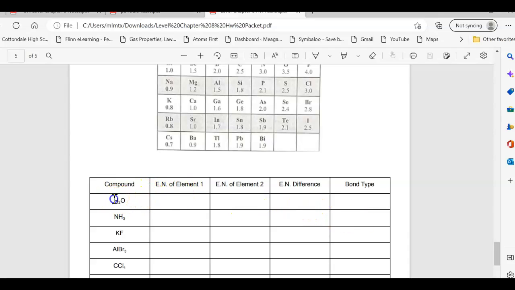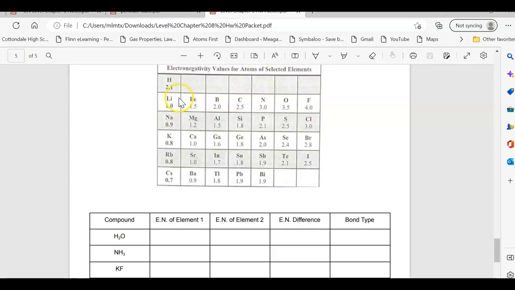For example, take H2O. The 2 does not matter because I'm just looking at one of the bonds between the H and the O. I would look for H, and I would see that H is 2.1. That's my first element. The second element, O, is 3.5. I'm going to subtract these two.